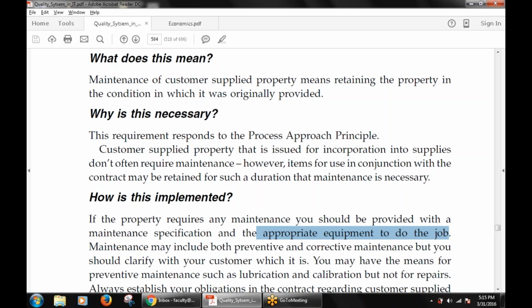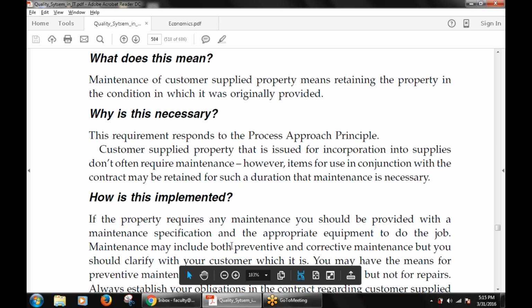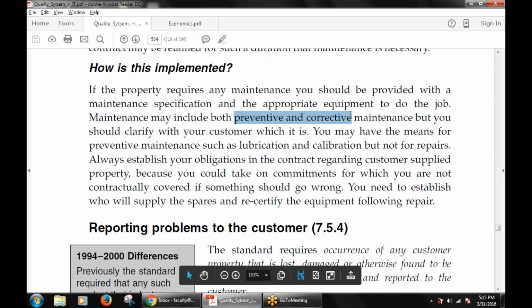Preventive means carrying out maintenance so that nothing will happen at a later stage. Corrective maintenance means correcting the material and the data that is used for this.